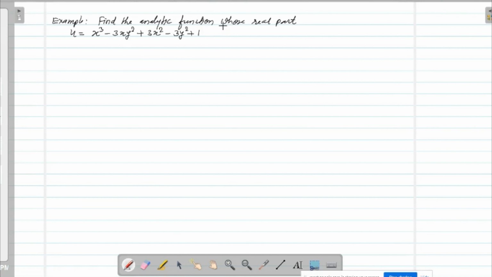Find the analytic function whose real part is this.